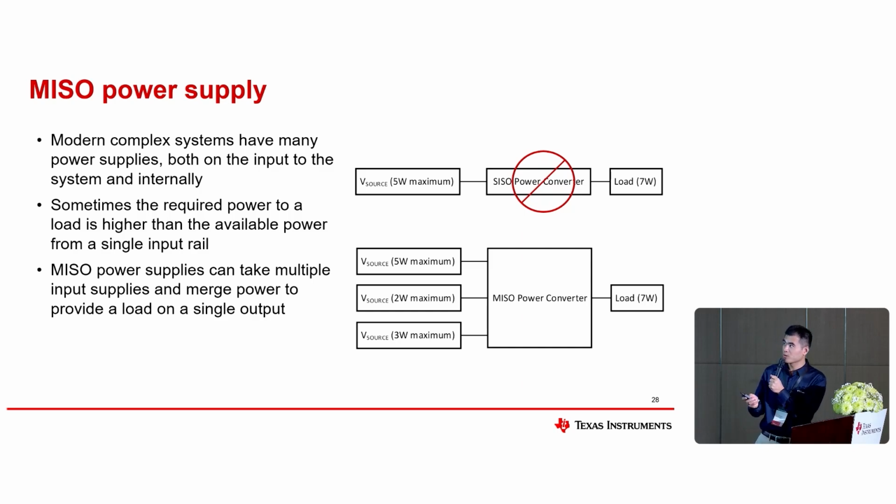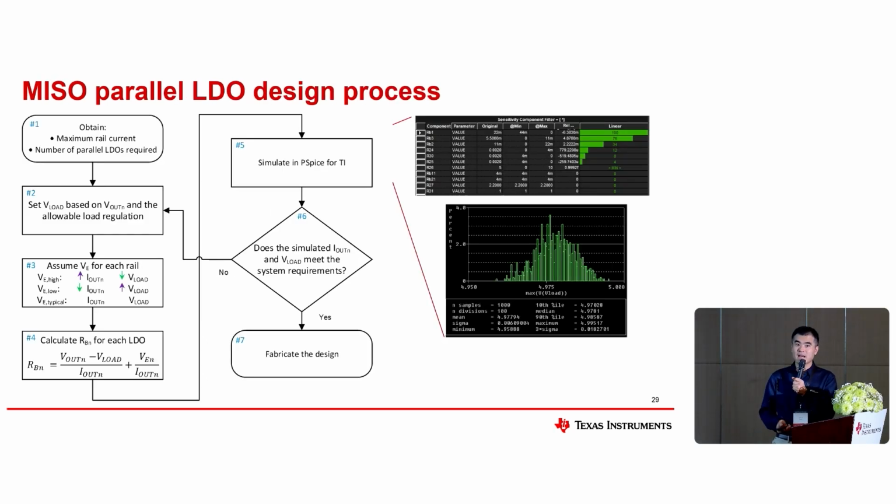They can combine to provide the full power for your load and meet your requirement. So it's also like the parallel LDO. The only difference is you cannot assume the ballast resistors are the same, because the input voltage is different.